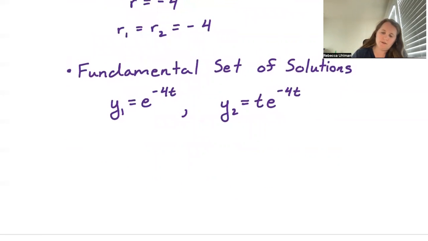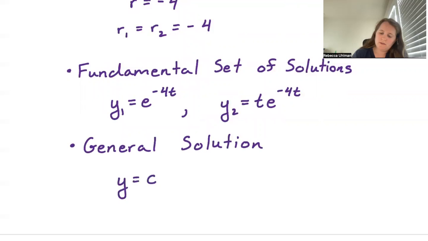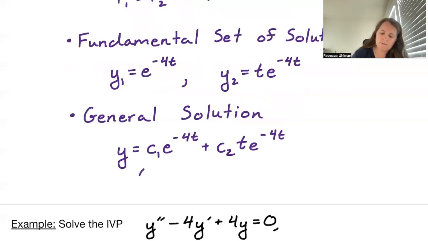From this, we get our general solution: y equals c1 e to the -4t plus c2 times t e to the -4t. Alternatively, you may see this written as y equals e to the -4t times (c1 plus c2 t).